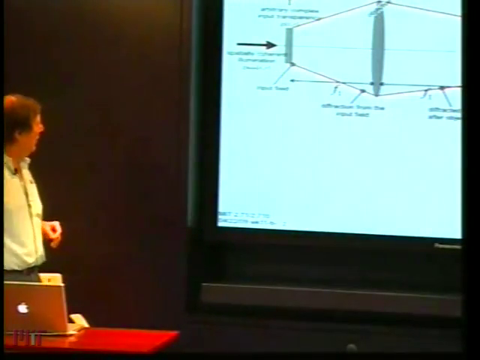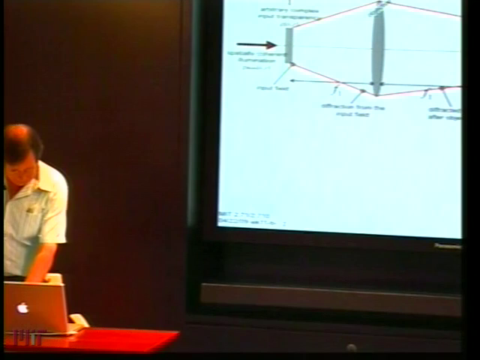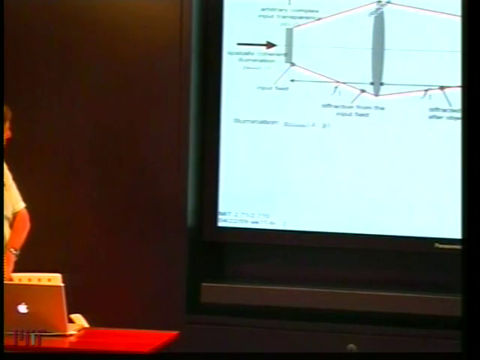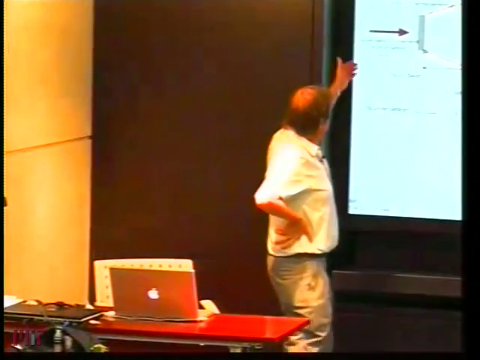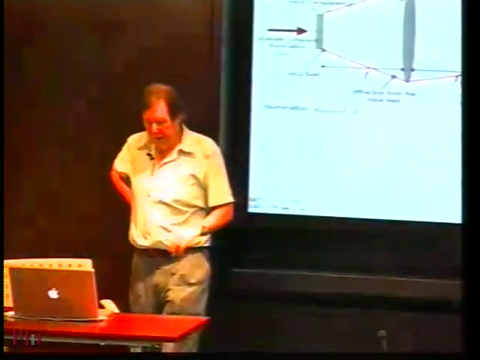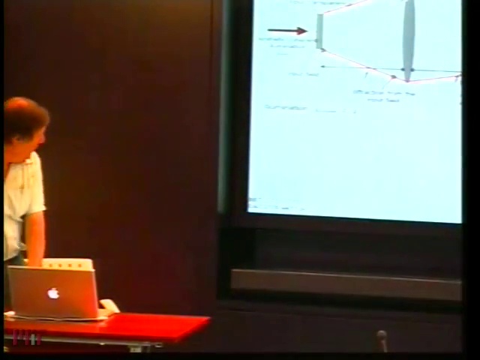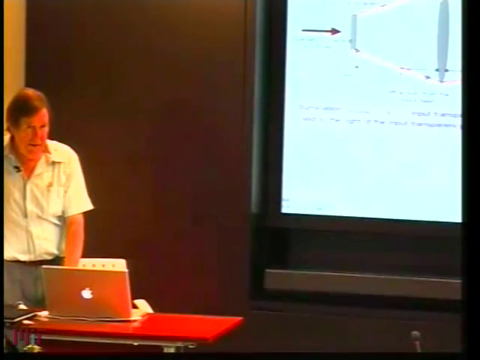So we can think about a 4F system as being a linear shift invariant imaging system, and this is going through how you calculate that sort of system. We start off with some illuminating field that comes in here. It illuminates some transparency, and so what you get on the far side of that is the product of illumination and the transparency. This is basically the object of the imaging system.